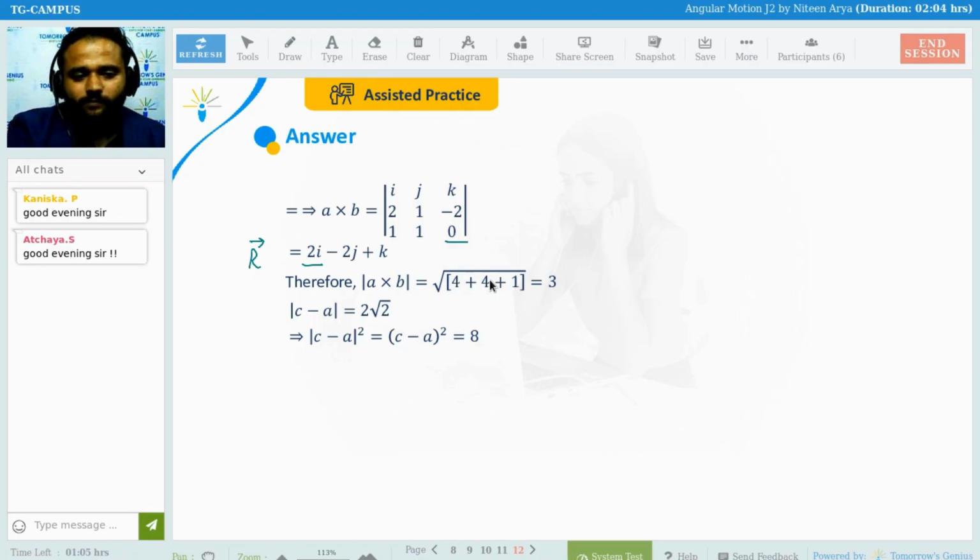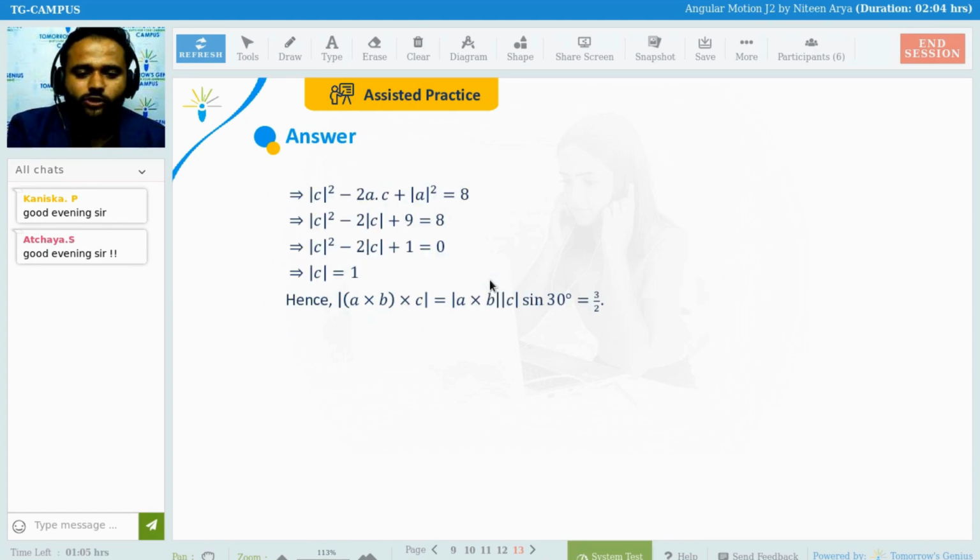A was already given, so when we square this, c minus a whole square, c square a square plus this equation, you can get it. We already know the magnitude of a, because the vector a is given somewhere, if I'm not wrong.